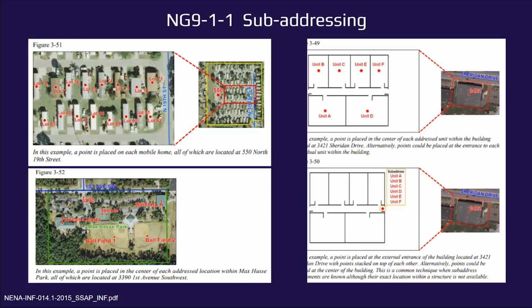So in the upper right, we have the units being displayed within each room, whereas in the bottom right, you have the unit access points displayed at the door entry. Again, this is sub-addressing, so this is all represented in the address point layer.